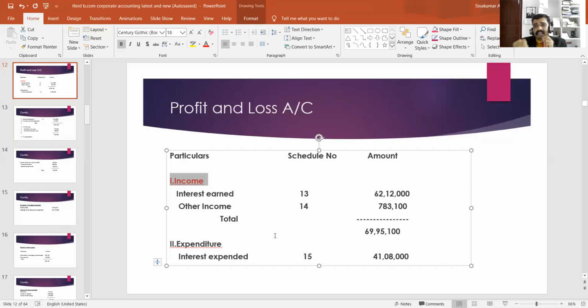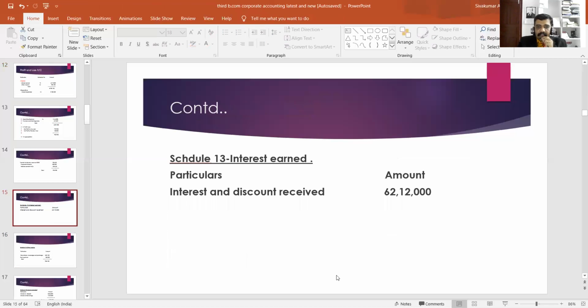Then first you need to draw schedule number 13, interest earned, and show the amount as interest earned in the profit and loss account. What are the incomes which may come under the heading interest earned? Interest on overdraft, interest on cash credit, interest on term loan, discount received, etc. are the different types of incomes which may come under the heading interest earned.